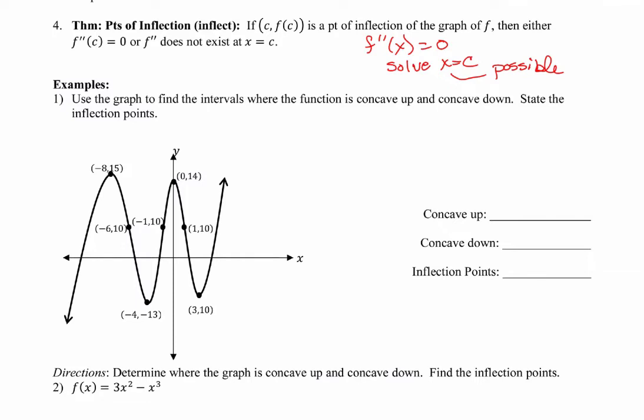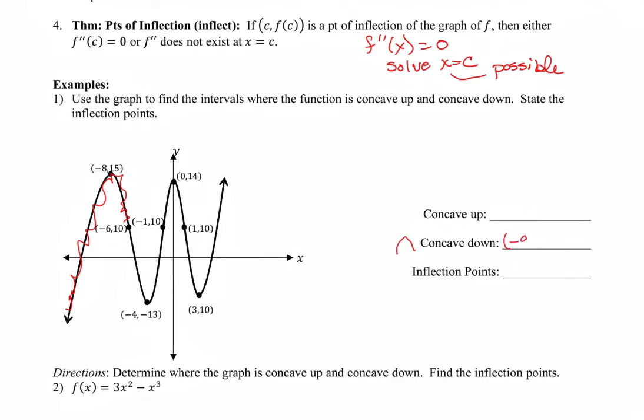This is the same example from the last section, but what we're doing here is finding where it's smiling. If I look from here to here, I'm going down. I'm looking like a frown, so I'm frowning.